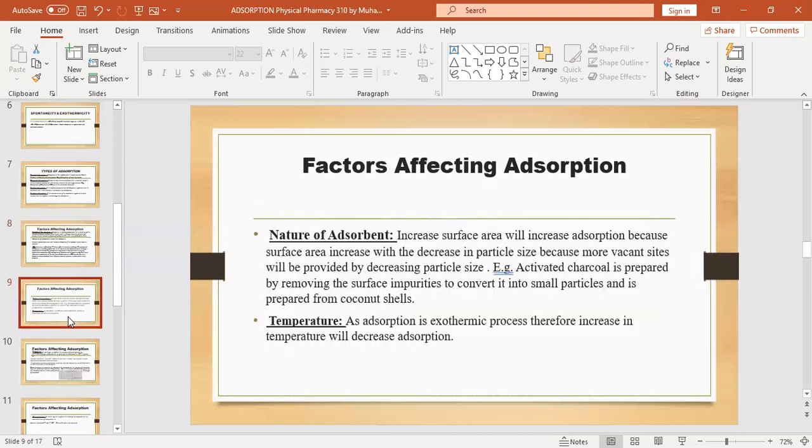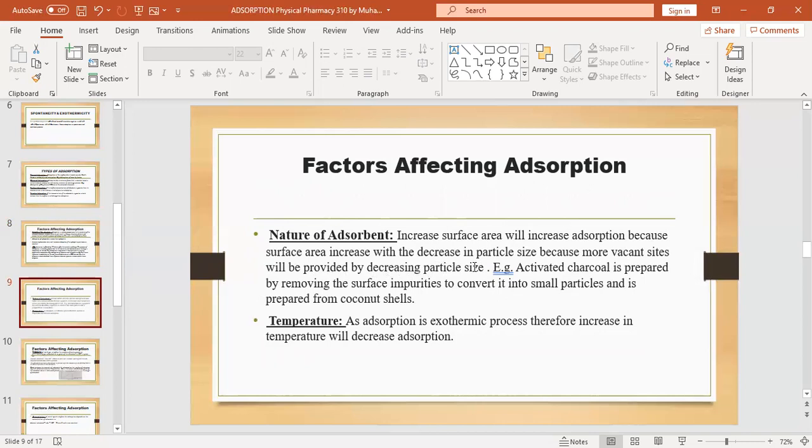Next is nature of the adsorbent. Increased surface area will increase adsorption, because surface area increases with the decrease in particle size, because more vacant sites will be provided by decreasing particle size. As we decrease the particle size, we are creating new surfaces. Therefore, surface area increases and adsorption phenomena will be increased.